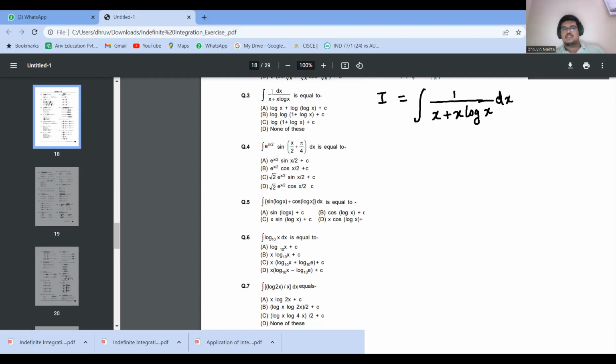In the denominator, what is common, guys? X. When we take x common, what will we get in the bracket? 1 plus log x. Now see if you can think about anything.